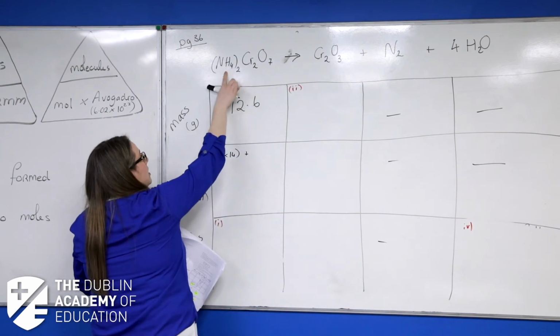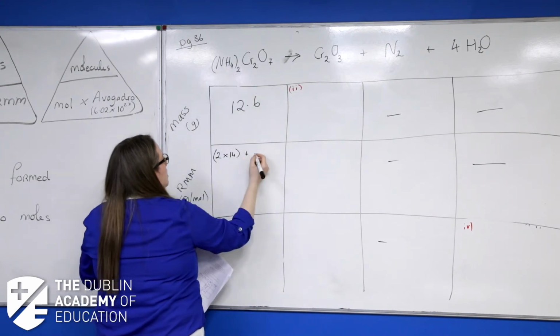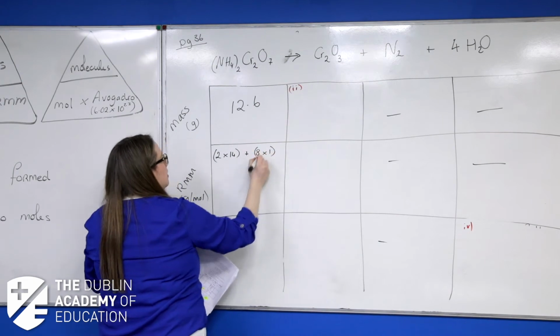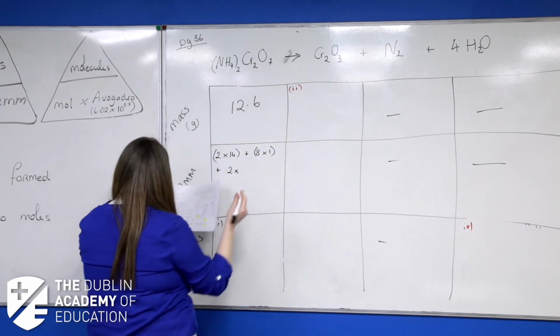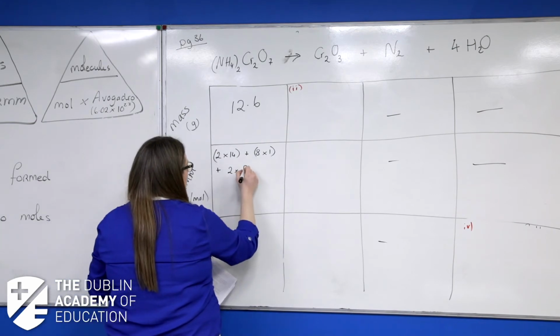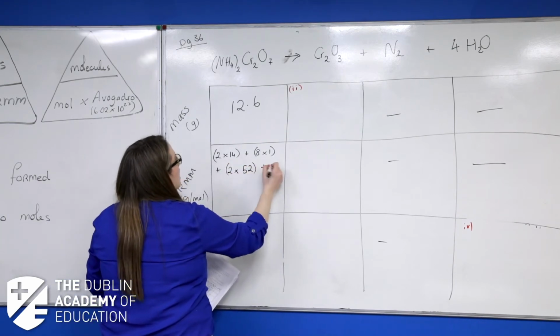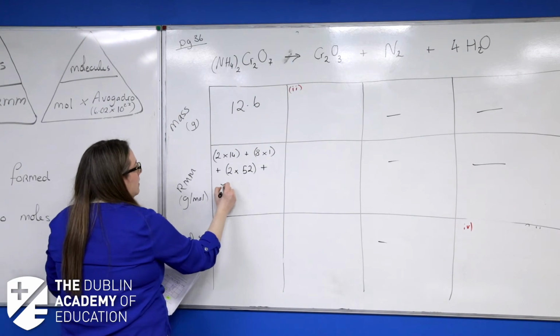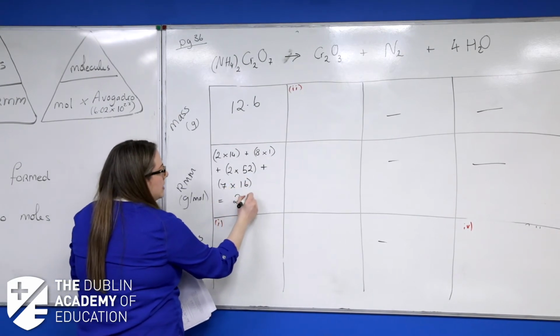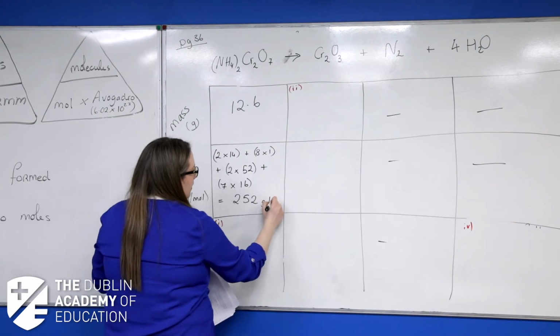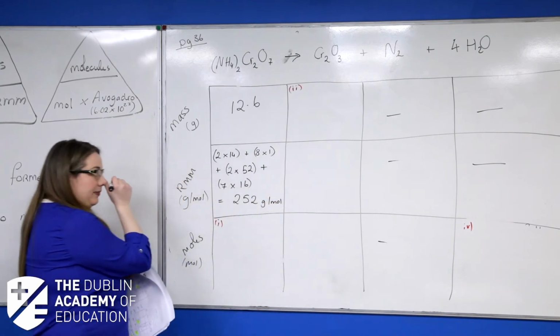Plus hydrogen, there's 4 in there already, times it by 2, that means there's 8. Plus chromium, there's 2, and chromium has a mass of 52. And then oxygen, there's 7 of them, and has a mass of 16. So your overall RMM is 252 grams per mole.